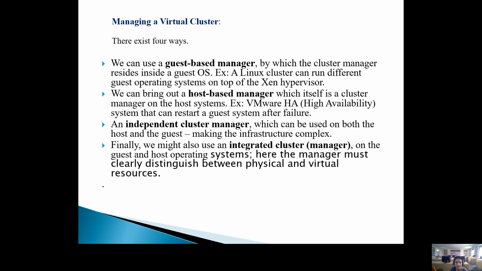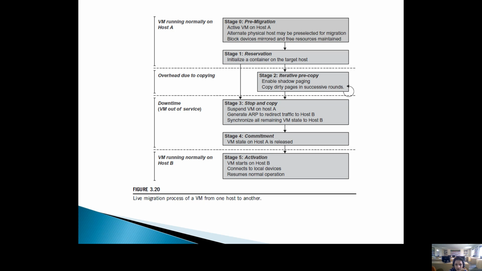An active state refers to the virtual machine. So if you see the diagram, this is the diagram. So these are the 4 steps we have.